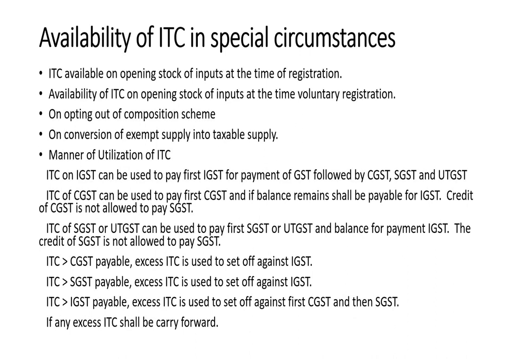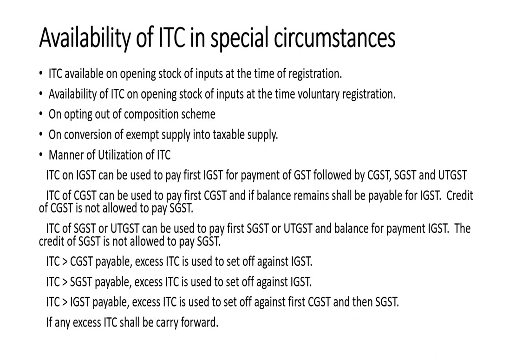The credit of CGST cannot be utilized for payment of the SGST. The ITC of SGST can be used to pay first SGST and balance for payment of the IGST. The credit of SGST is not allowed to pay CGST.